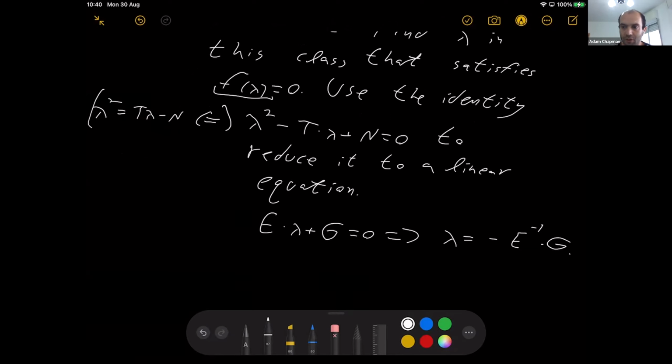So this is the unique root of fx from this class.